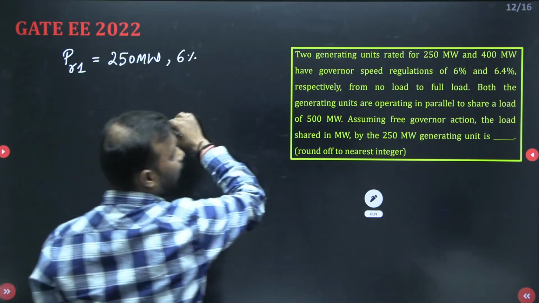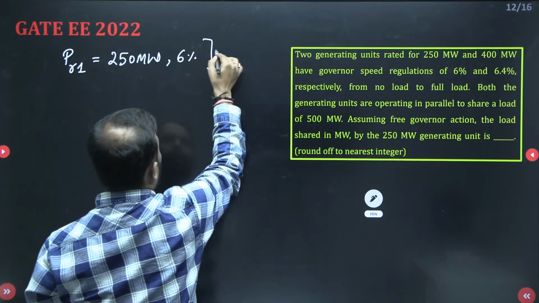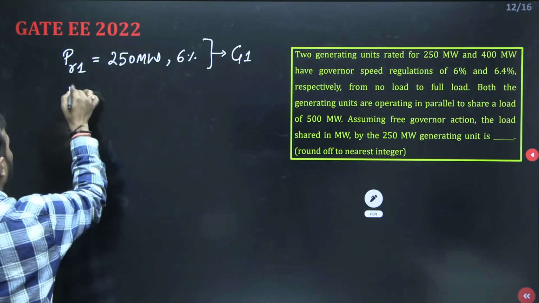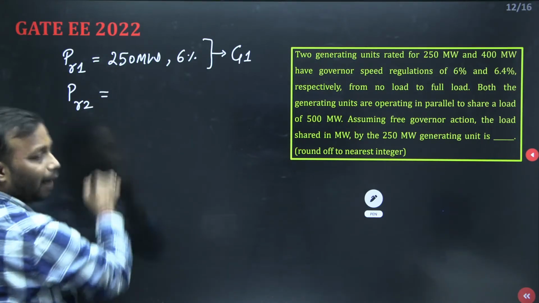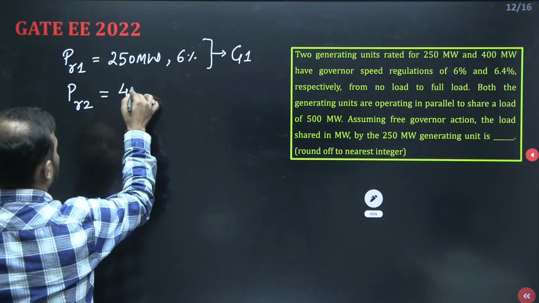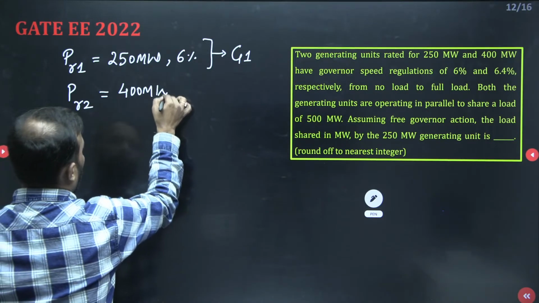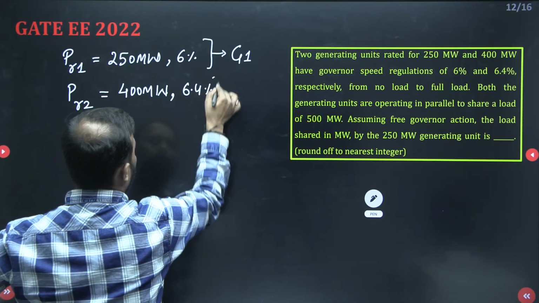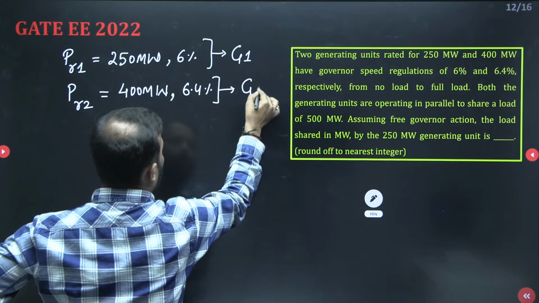Similarly for generator 2, PR2, the rated or full load value, is 400 megawatt, and it has the droop characteristic as 6.4%. So let me take generator 2.